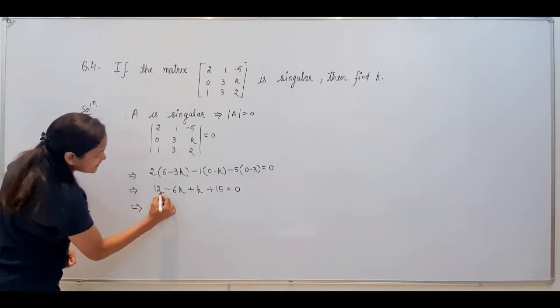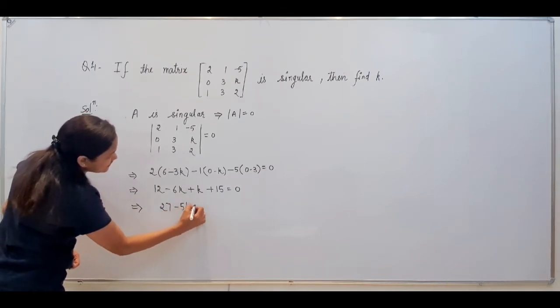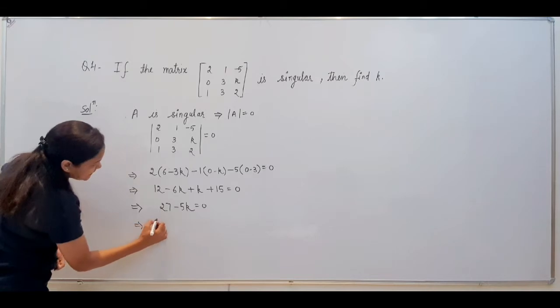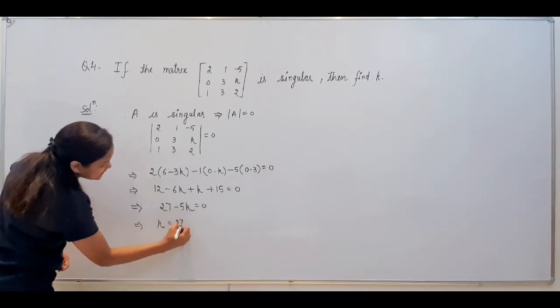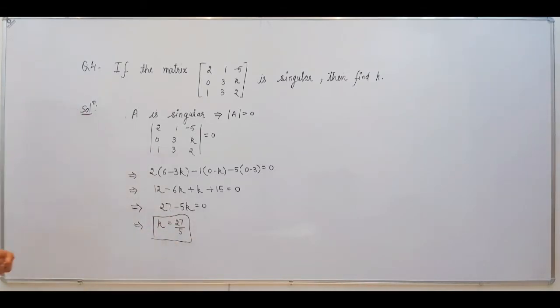That implies 12 plus 15 is 27 minus 5k is equals to 0. That implies k is equals to 27 by 5. This is the value of k.